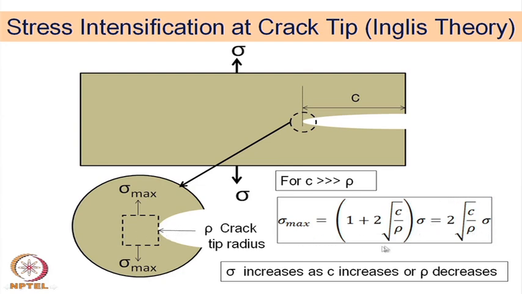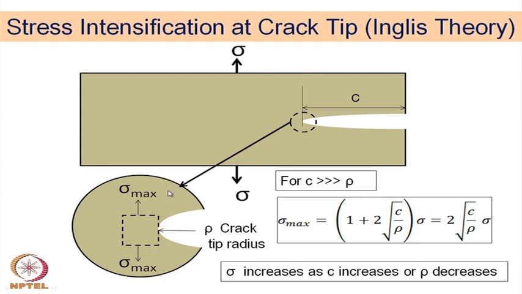So, this value is different from sigma, and one can see the smaller is the rho, the larger this multiplying factor is, and the longer is the c, this multiplying factor is also large. That means, the smaller is this radius of curvature, the finer is the tip, the multiplying factor is larger.